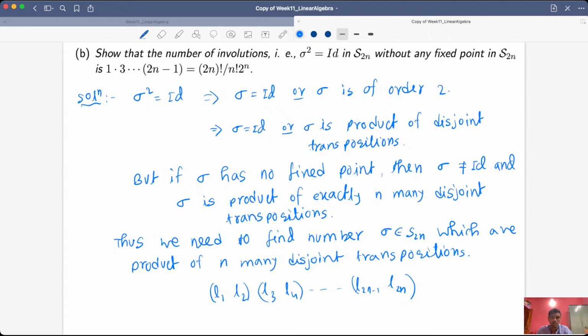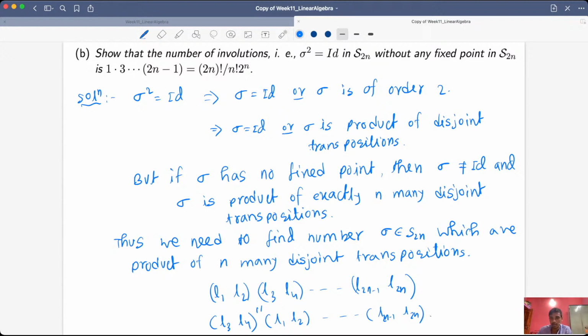But here the common thing is that I can also write this same as L3, L4, L1, L2, and the rest the same up to L2n minus 1, L2n. So this is also the same as the previous one.